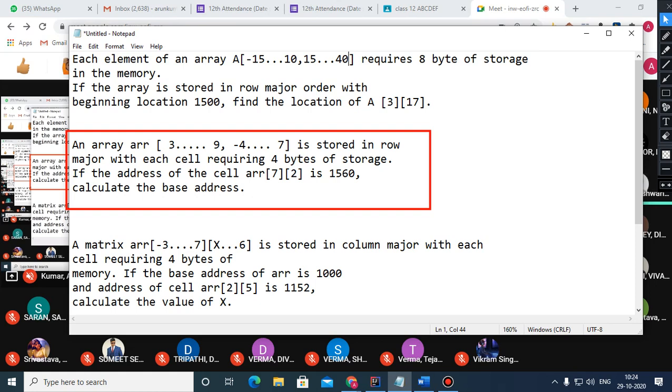Okay, what is the answer? Rastogi sir? Okay.